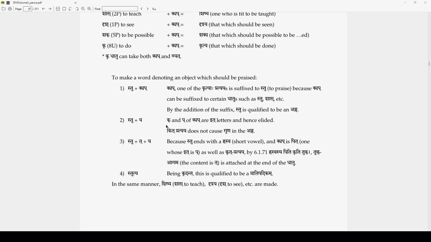Now the next interesting thing here is, as per the sutra, generally we want the final form as Stutya, right? So somehow we need the steps to come to this final form from Stu to Stutya. The Ashtadhyayi defines this Kyap, not Yat.